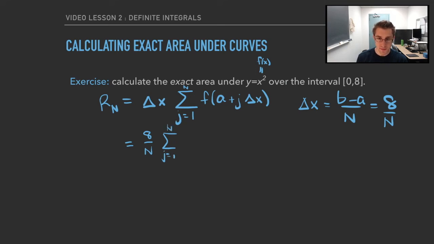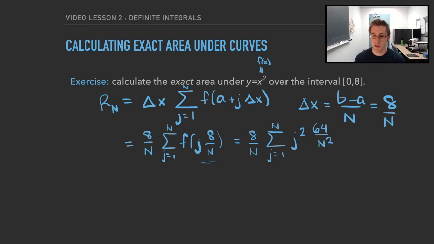And then I'm looking at f of a is 0, and so I have j times 8 over n. f of this is that thing squared, so I have 8 over n times the sum, j goes from 1 to n, of j squared times 64 over n squared.